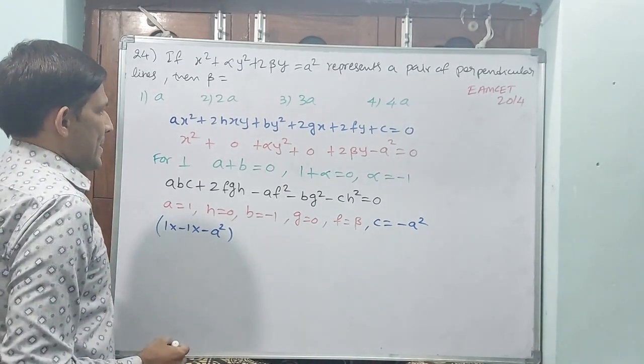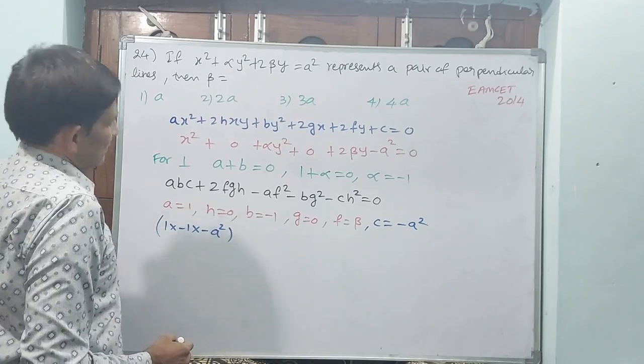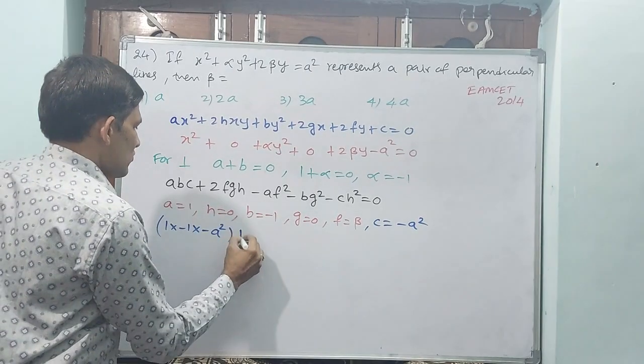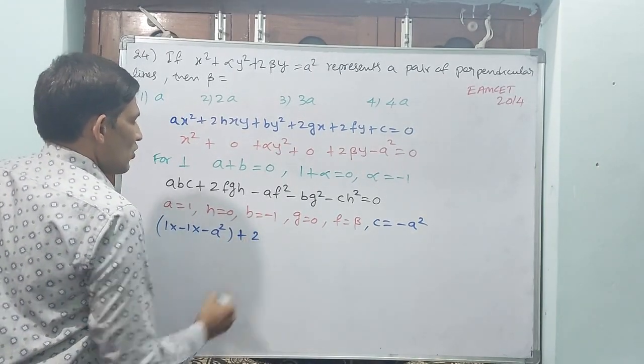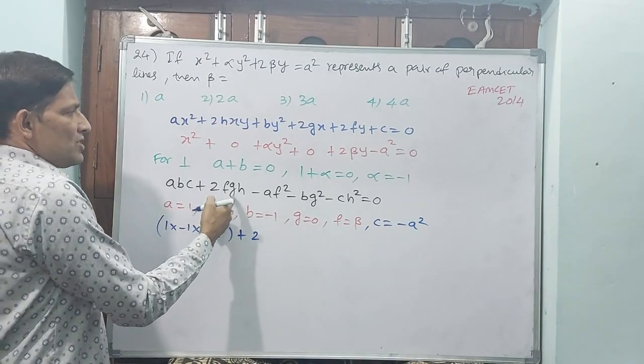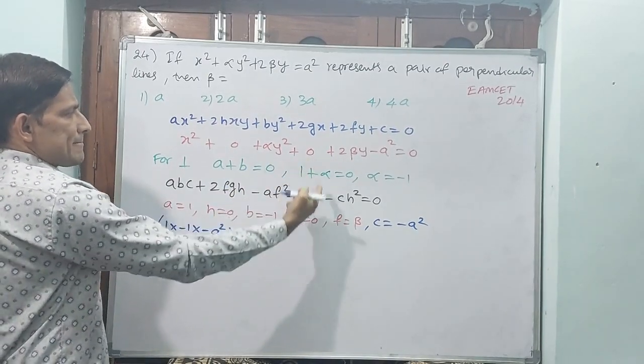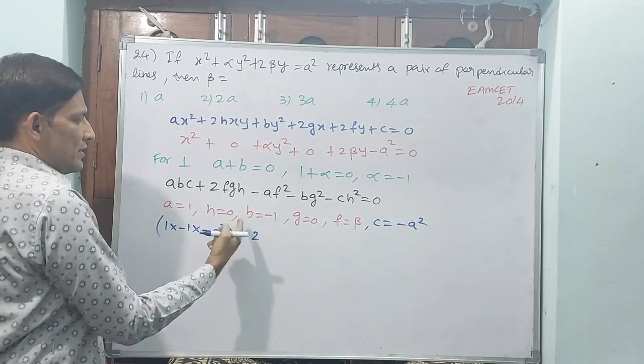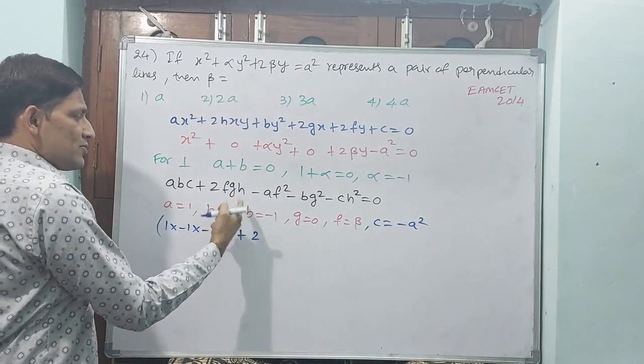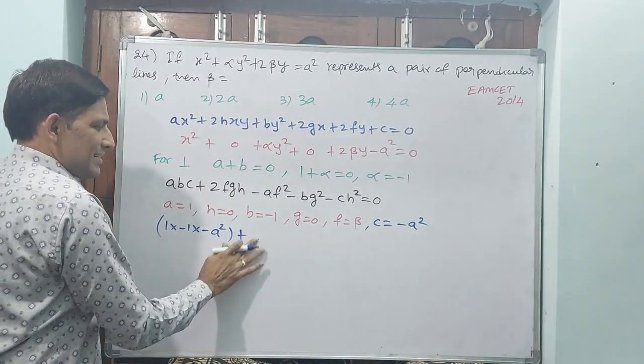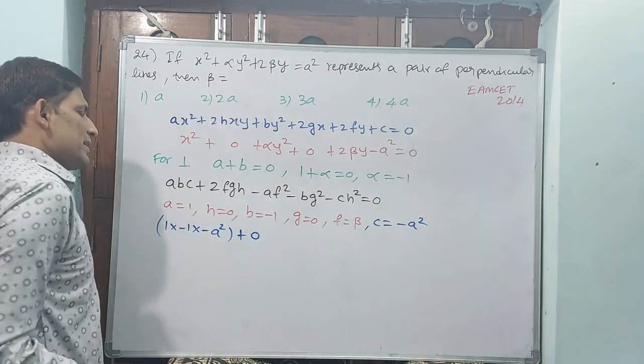Now plus 2fgh: g is 0 and h is 0, so it is already 0. Nothing is required, you simply write 0.